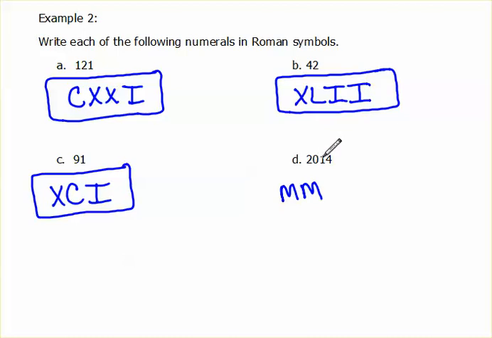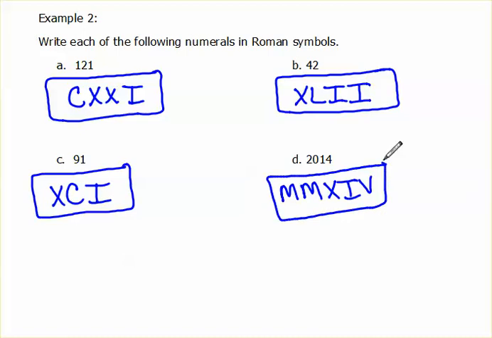There's a 1 in the tens position, which would be an X. And then there's 4 in the ones position, but we cannot write 4 ones. That would be too many in a row. So we're going to have to go to the next number higher and subtract. So we're going to have to take 1 away from 5 to mean 4. So this is how we would write 2014.